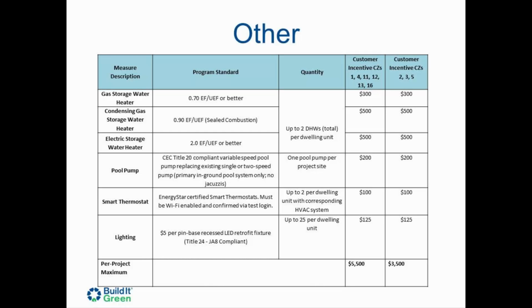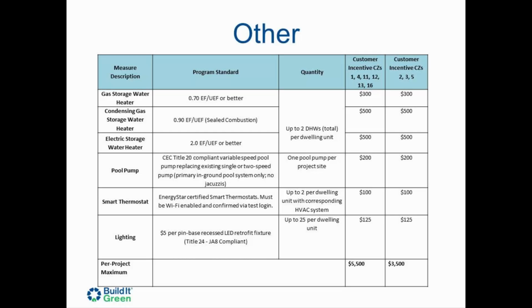And a smart thermostat is a pretty new type of measure introduced to this incentive structure. So it does have to be Energy Star certified smart thermostats, and it must be Wi-Fi enabled. And at the desktop quality assurance review, we will have to review that it is Wi-Fi enabled.